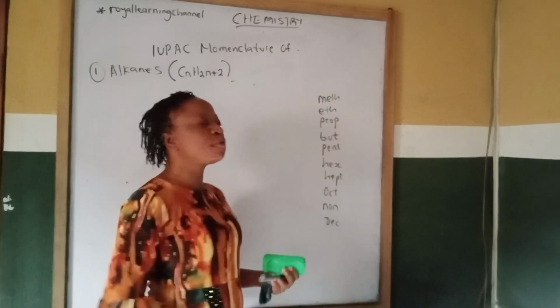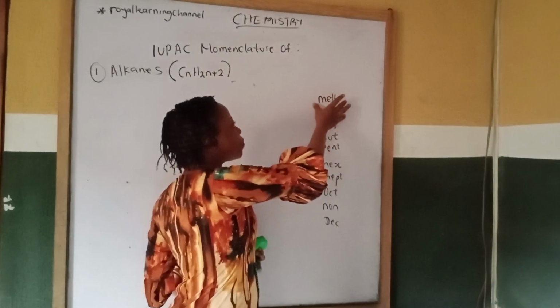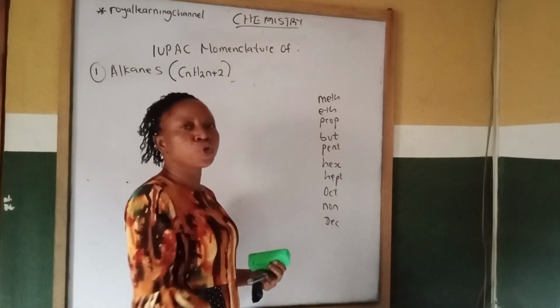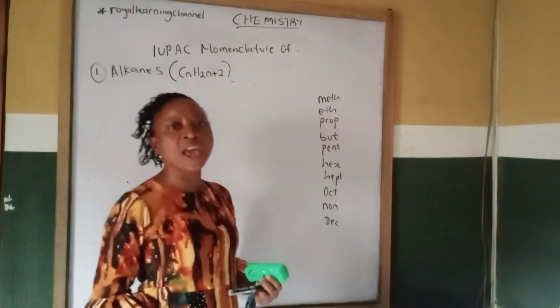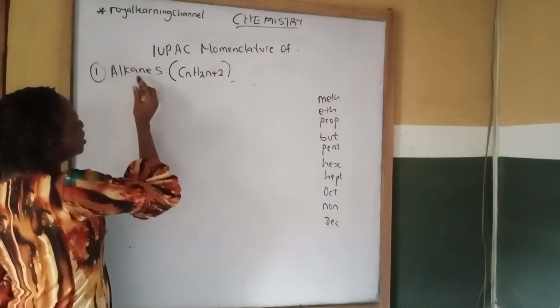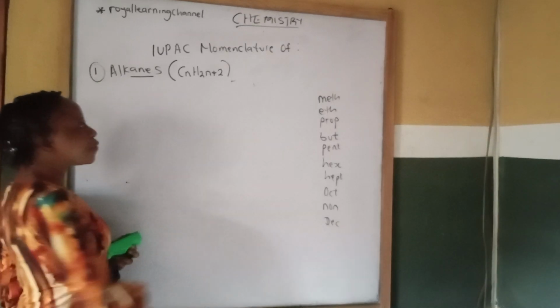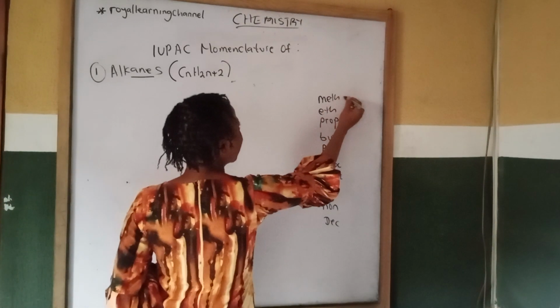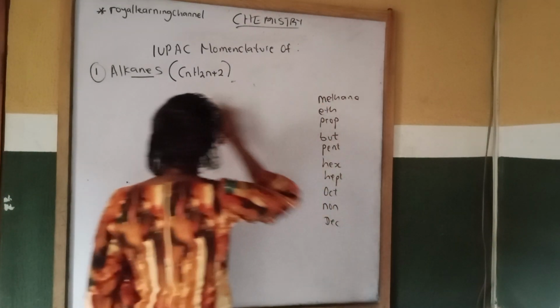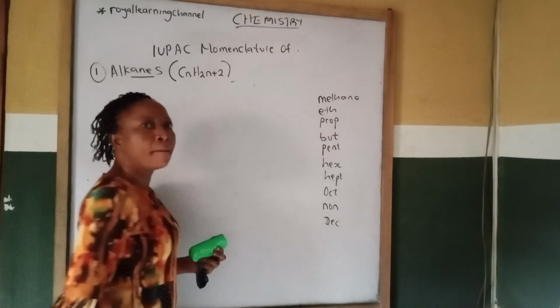Now, to derive the name for members of hydrocarbon, once you write this prefix, the next thing to do is to add the name ending. For example, alkane, the name alkane ends with ane. So the first member will be methane. You just add the name ending to met to give you methane.